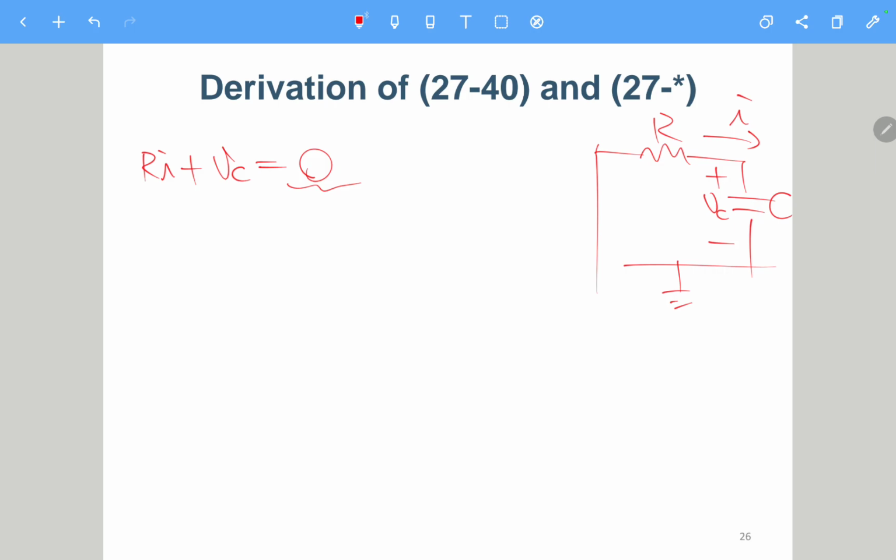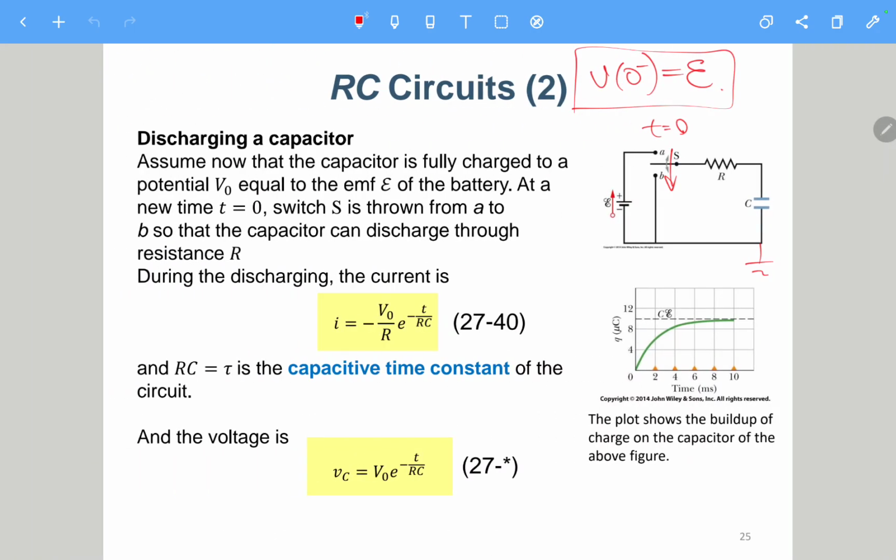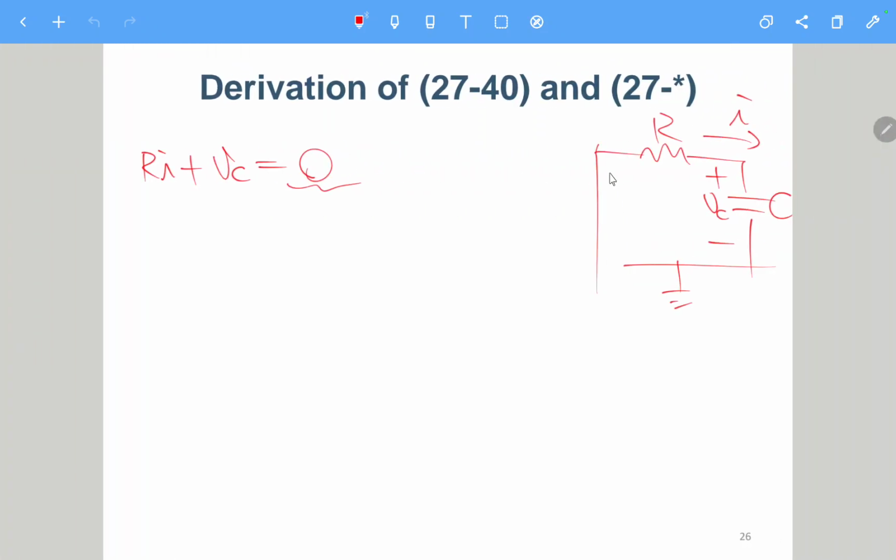Here we only have 0 because we just switch this node to point B so that we disconnect the battery, and then we connect it to ground. So we don't have the battery here now.